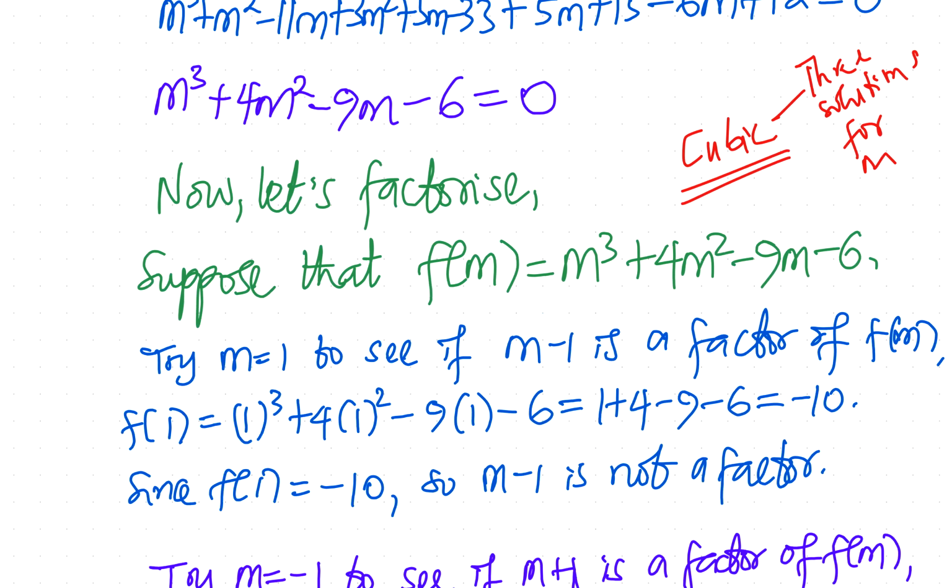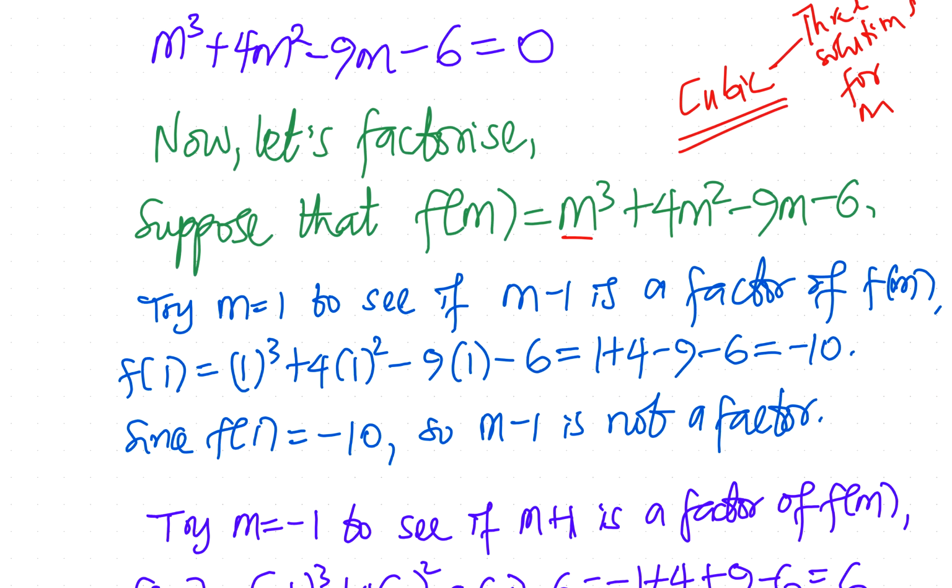And how do you know this? If you put any value for m and the answer is 0, that means m minus that value is a factor of this function. For instance, if I try m equals 1, and if I put 1 here and I get 0, that means m minus 1 is a factor. Just like if I put minus 1 and I get 0, that means m plus 1 is a factor.